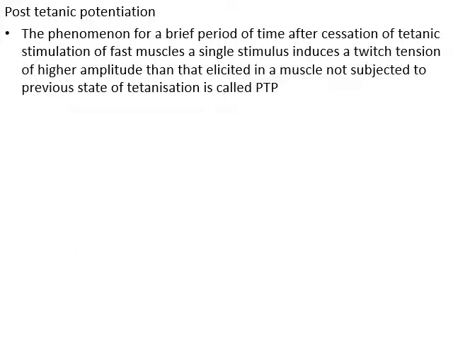Moving on to the other related properties. One of them is post-tetanic potentiation. It is the phenomenon of a brief period of time during which, after cessation of tetanic stimulation of fast muscles, particularly fast muscles, there are three types of muscle fibers, right? Slow, intermediate and fast muscle fibers. So here we are speaking about the fast muscle fibers.